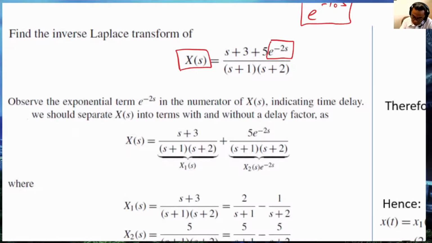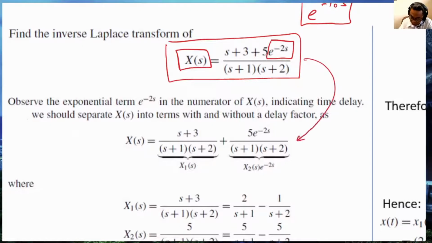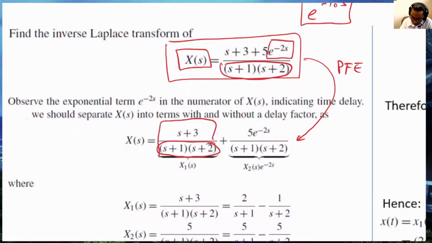So how do we take this complicated expression and break it up? Again, we use partial fraction expansion, and we have s plus 2 on the left hand side, and we'll collect only one of the expressions, which is s plus 3, and the other expression 5e to the minus 2s, we'll do it here.